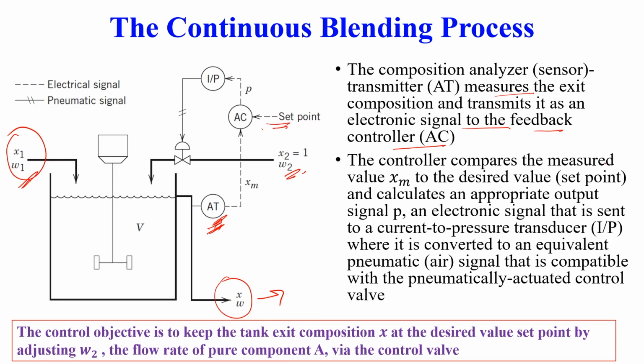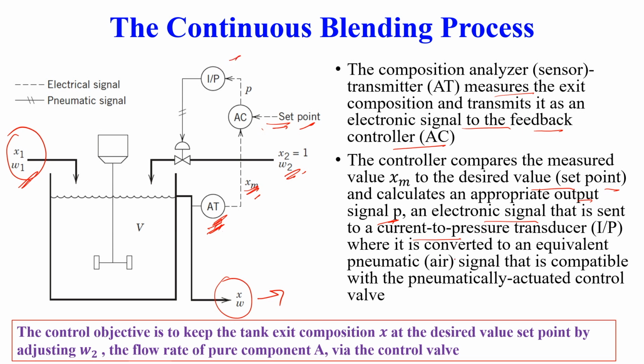And now the controller compares the measured value, let us say XM, with the desired value or the set point and calculates the appropriate output signal P. Typically, P will be based on the difference between the set point and the measured variable, and the electronic signal is sent to the final control element.